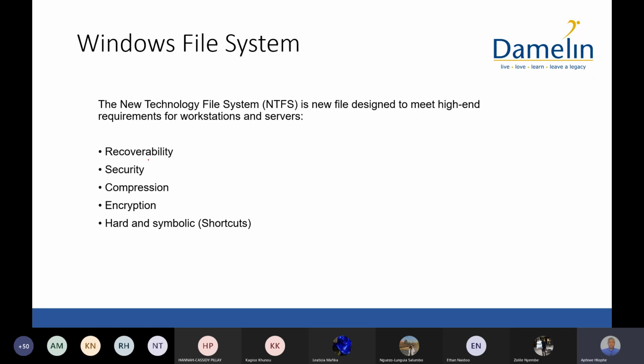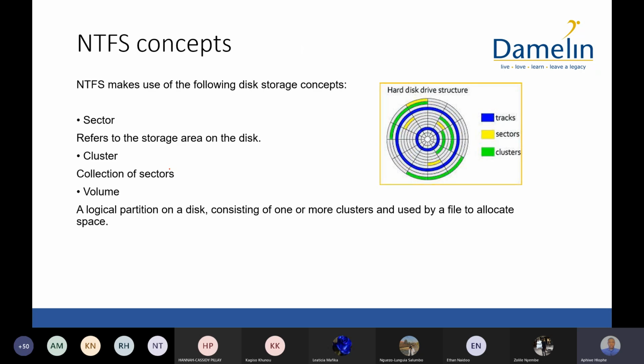Okay, and that's what shortcuts do. They're on your desktop and they are a shortcut to a program or a particular file located somewhere else. So files can reference each other as well. So we have what we call hard and symbolic links, which are called shortcuts in Windows. Okay, so these are some of the benefits of using NTFS.